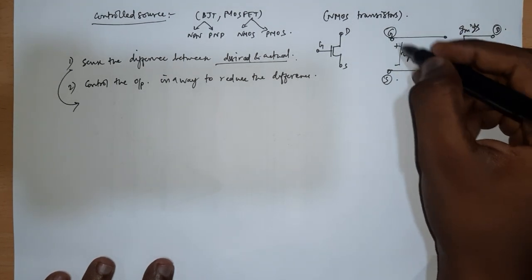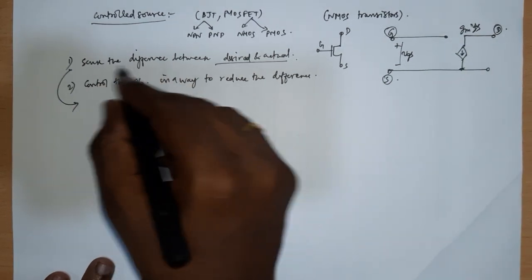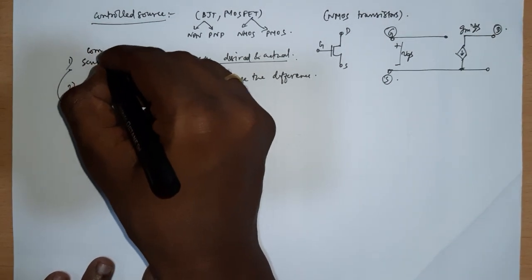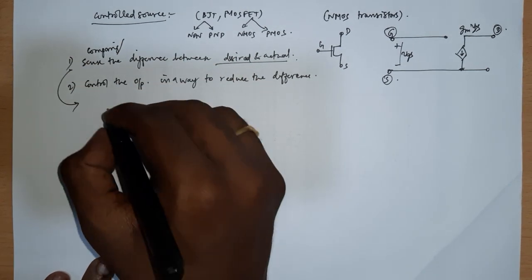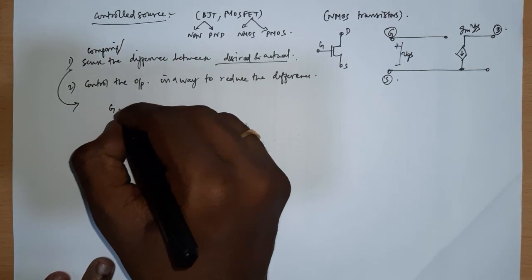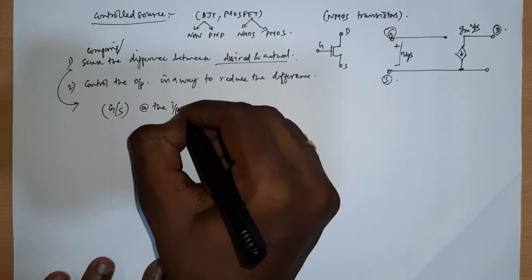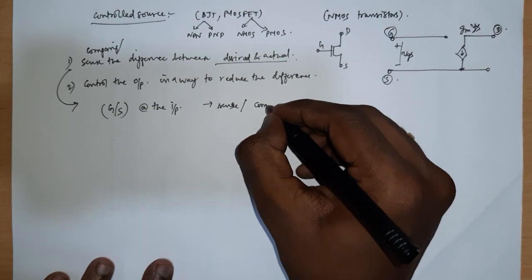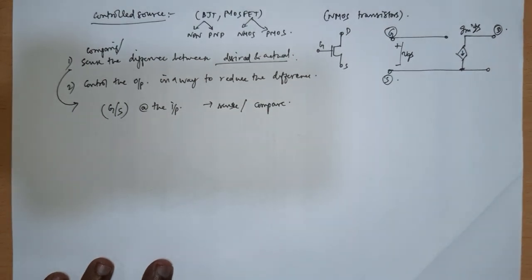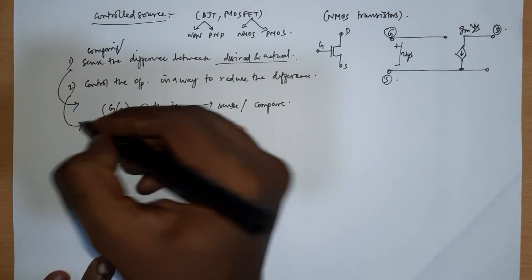And your gate and the source terminal form the input. So as far as sensing or comparing is concerned, you can do it only at the gate or source terminal at the input. So it's very similar to what we did in the DC feedback. I'm just repeating it for your convenience.